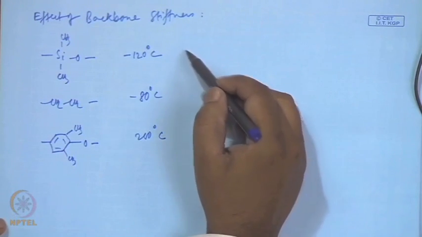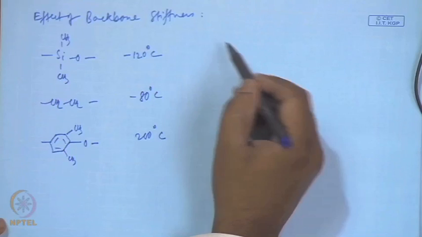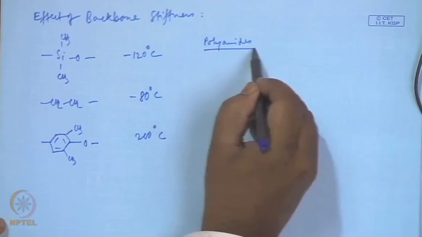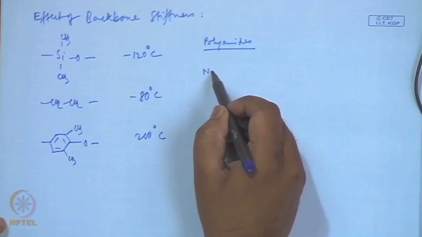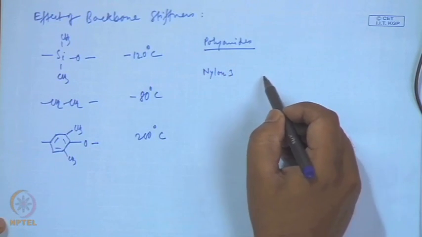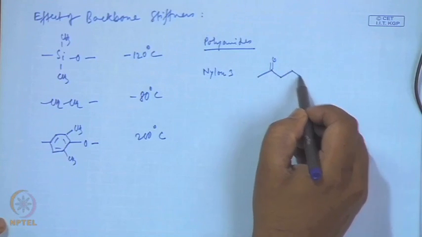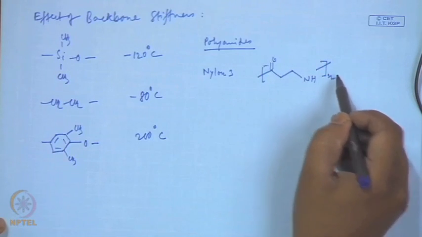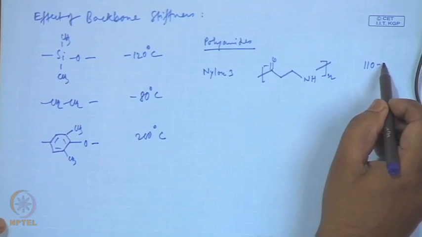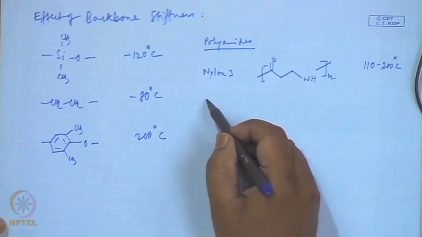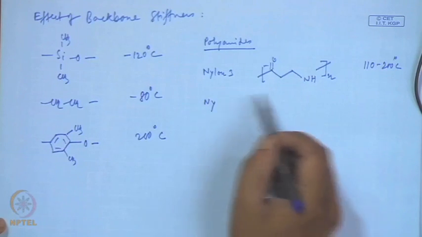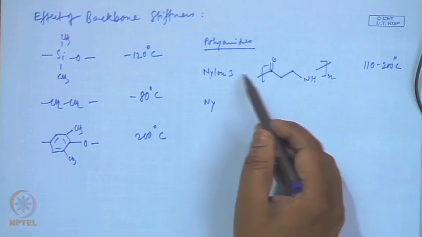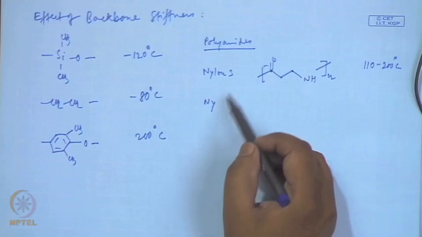Let us compare another set for polyamides, the same class of polymers, polyamide nylon 3. Tg is 110 to 200 degrees centigrade. Similarly, the number is the number of carbon atoms, so 3 carbon atoms, nylon 3.